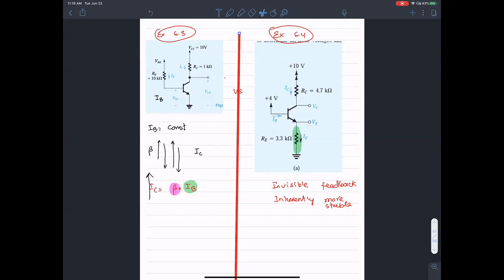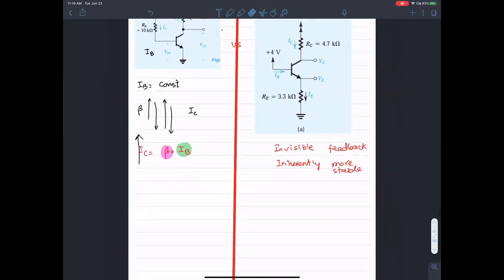Okay, there is a resistance in the emitter here. This is a very subtle concept, and that's a very interesting notion as well. What happens is, let's say you hold IB constant, biasing this guy to be constant.